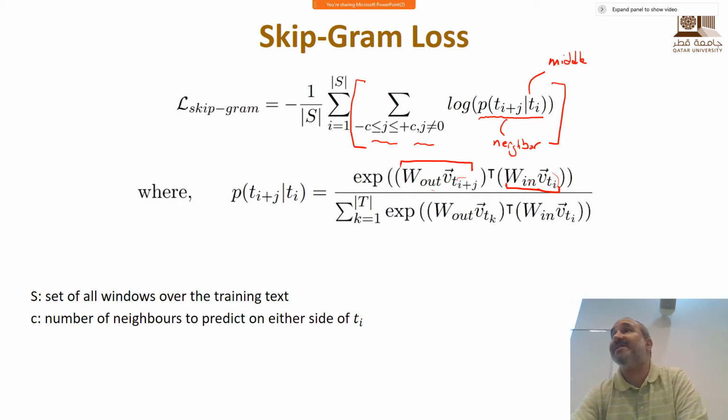And we want to maximize, so that this probability will be 1. We want to learn these weights so that this probability will be 1. This is the numerator, the exponential of the similarity, over the exponential of the similarity between Ti and all other words in the collection. So this is the probability of getting Ti plus j given Ti, normalizing by all the similarities between Ti and every other term in the vocabulary.